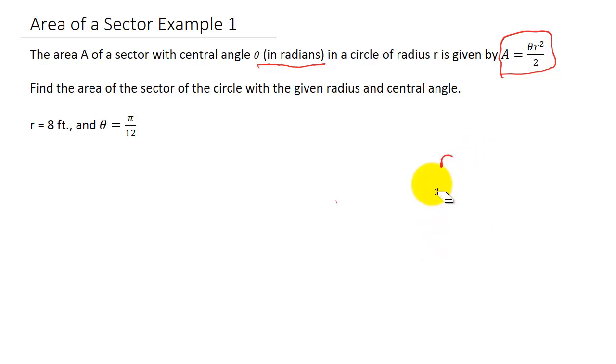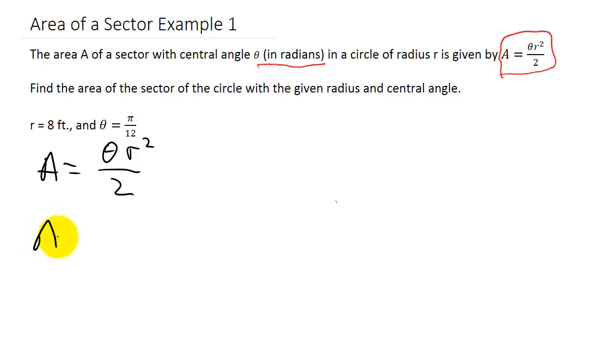Let me erase this. Alright, so it says find the area of the sector of the circle with the given radius and central angle. Our radius r is 8 feet and theta is pi over 12. So we know our formula is area equals theta times r squared over 2.